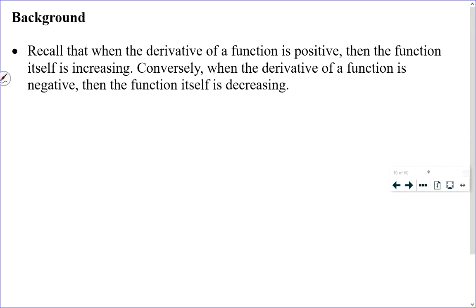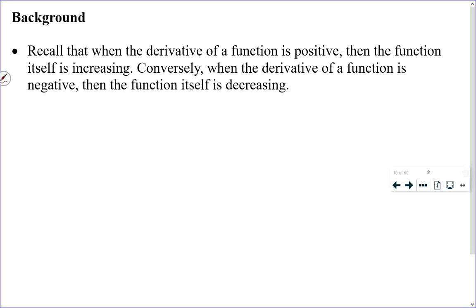This is review. What does this say? It says when the derivative of a function is positive, the function is increasing. And I want to break this down here. I don't have to use the word function. I could use anything. When the derivative of y is positive, y is increasing. When the derivative of position is positive, position is increasing.